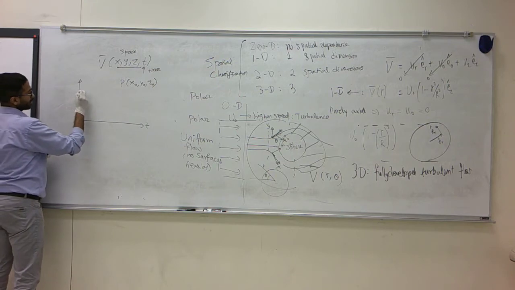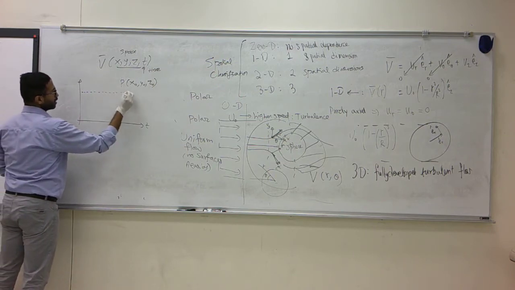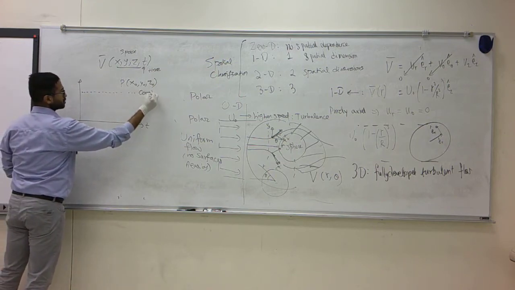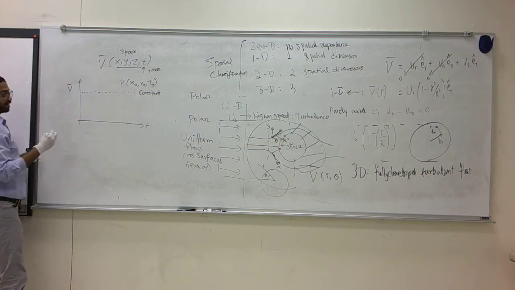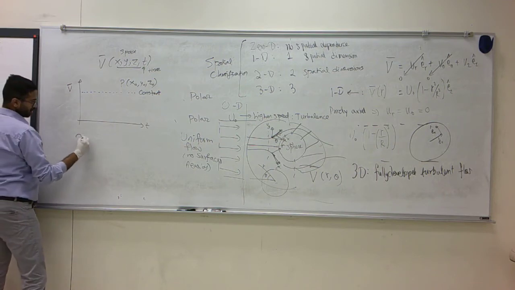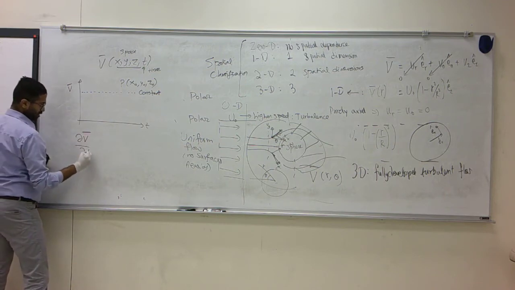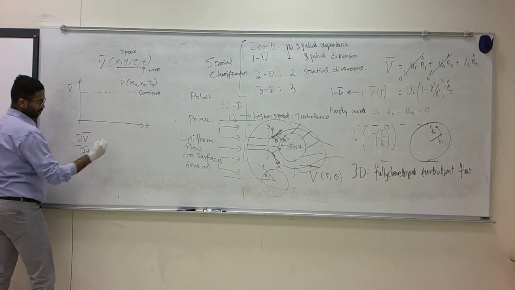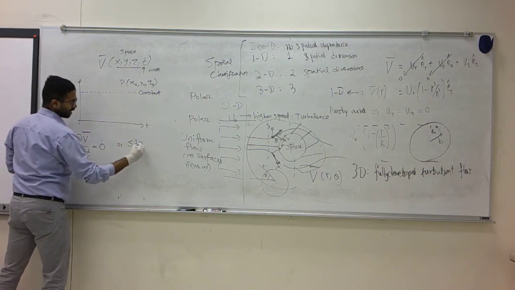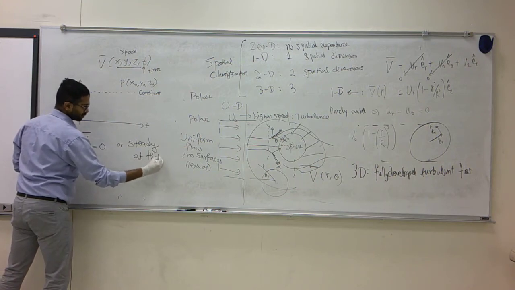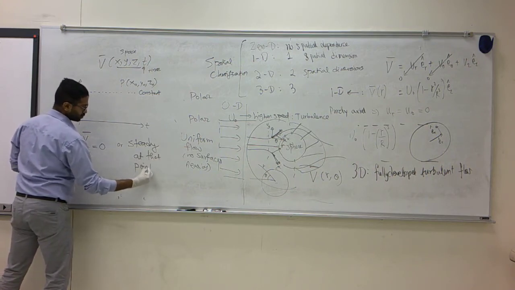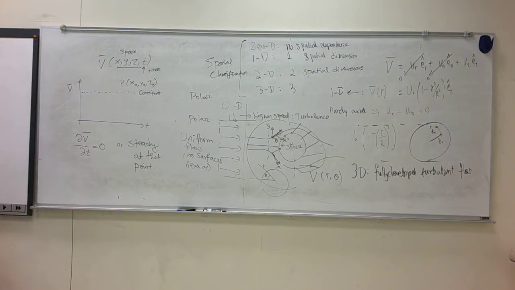And if I find out that the velocity at that coordinate is constant, okay, what I can say about the velocity is the velocity is independent of time, or this is a steady flow, steady at that point. The velocity is independent of time, that implies steady, or steady implies it's independent of time.